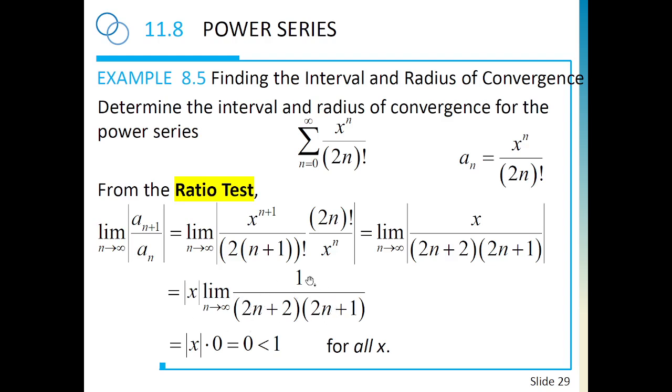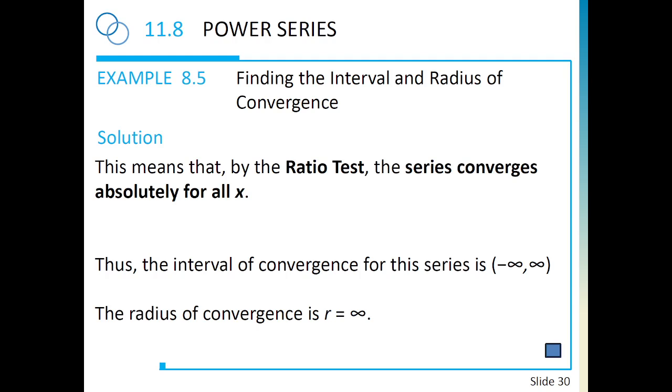Now the limit of this expression when n goes to infinity is obviously 0, so I have absolute value of x times 0, which is 0, so this expression is 0 for all values of x. So by the ratio test, this series is convergent for all values of x. Wow. Which means that the radius of convergence is infinite and the interval of convergence is all real numbers between minus infinity and infinity, right?